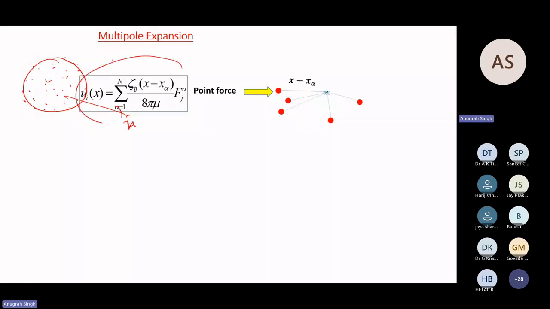So if you have multiple point forces, just to demonstrate, you just sum over the disturbance velocity field at this point, x alpha, due to all of these. They are additive, right? Velocity disturbances are additive in nature.